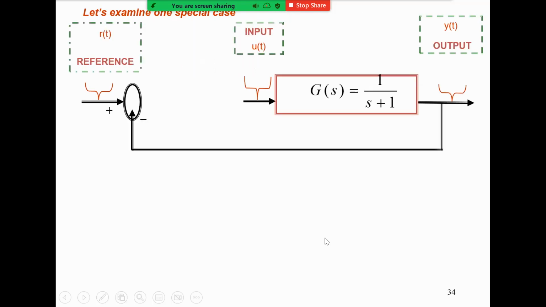For that purpose, let's re-examine this with a simple example like this. It's a first order system. What kind of controller should we design such that the error signal will go to 0?